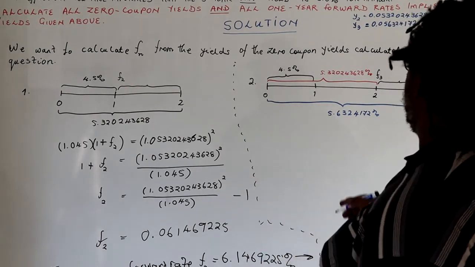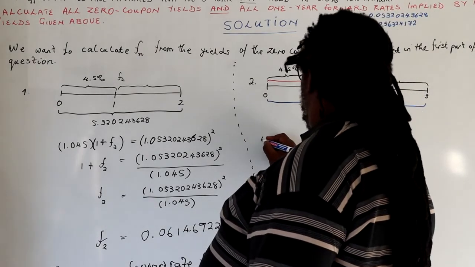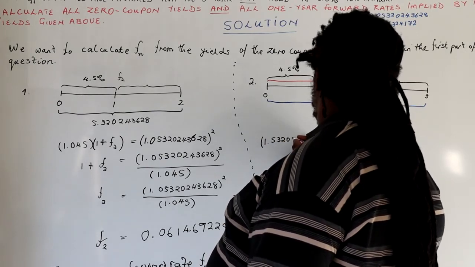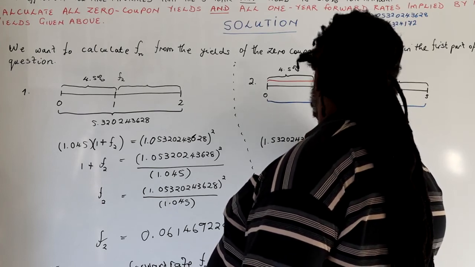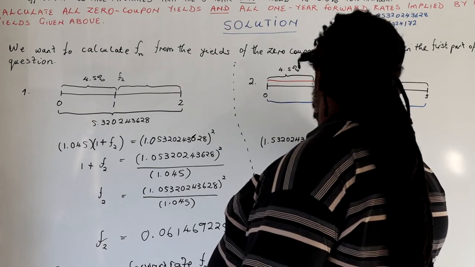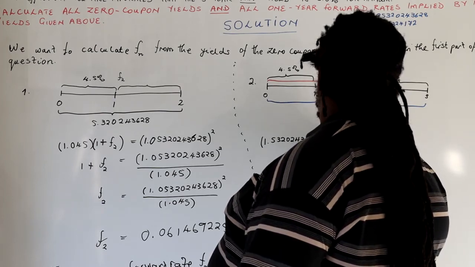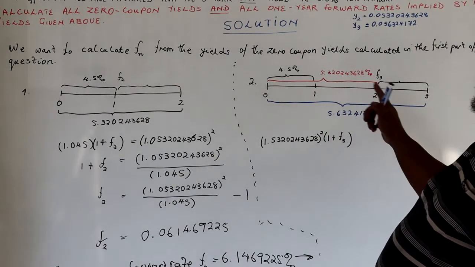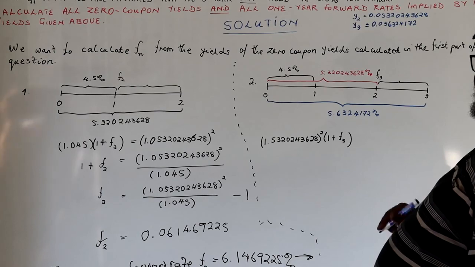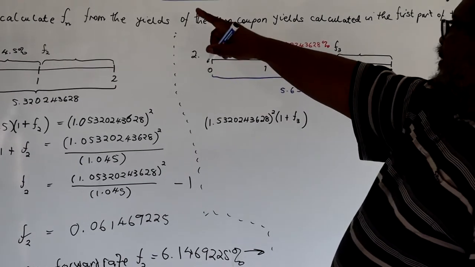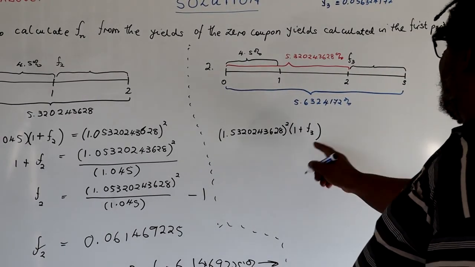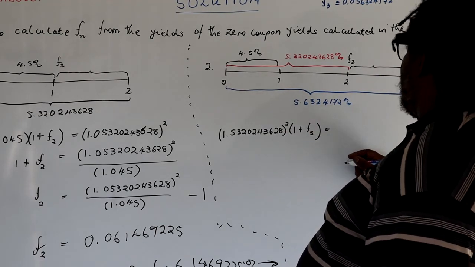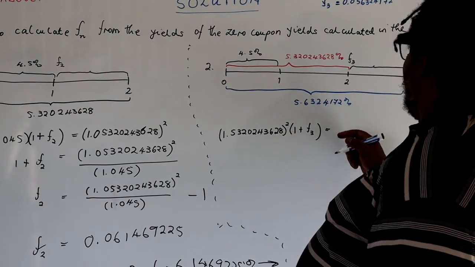So this becomes $1.05320243628 squared, 1 plus F3, and you can notice that we have squared this because it is a 2-year, 2-period spot rate, and this one is 1, which is in answering the 1-year forward rate, and this is equal to the same investment using the 3-period spot rate or zero coupon yield equivalence.